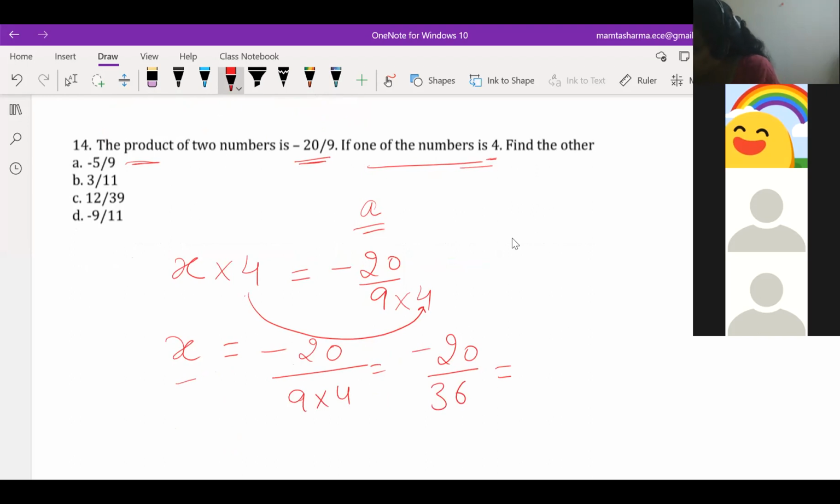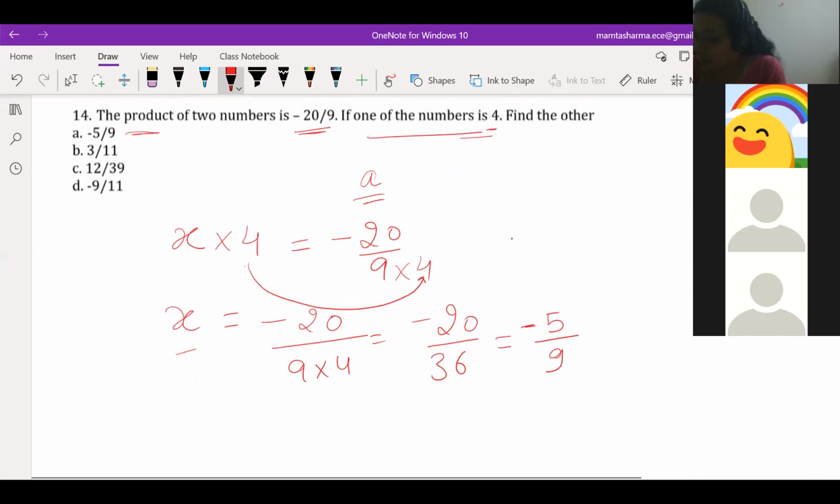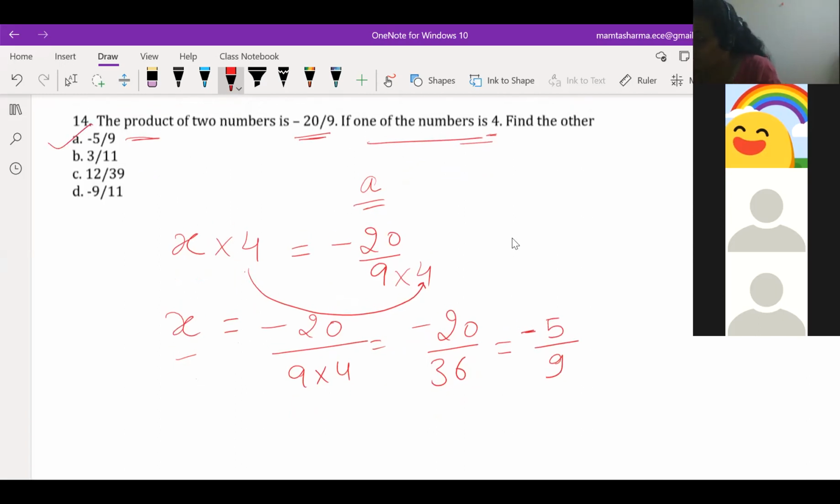We can directly do this from the 4 table also and cancel. 4 5s are 20 and 4 9s are 36. So this is the correct answer. A is the correct choice.